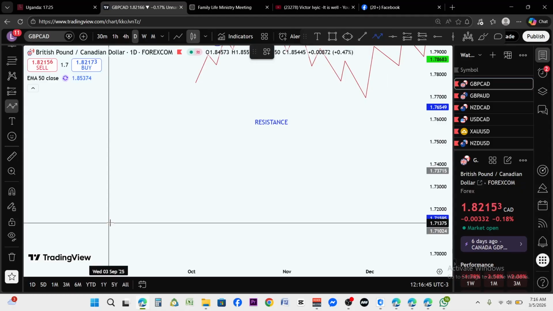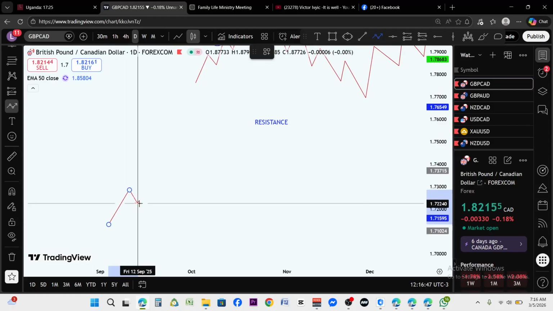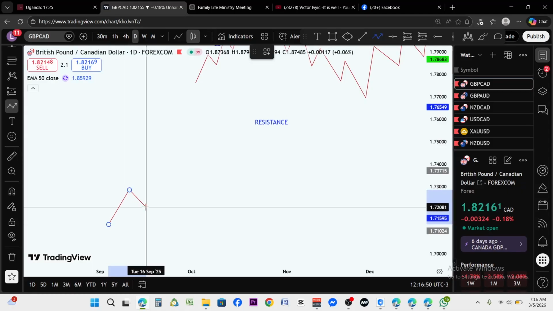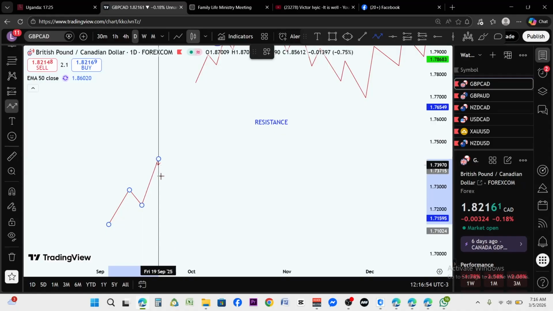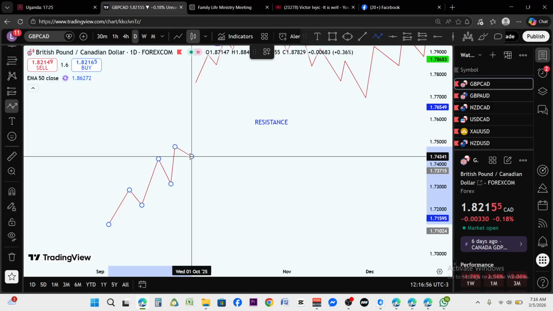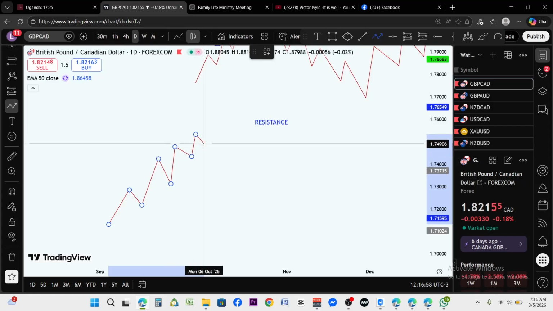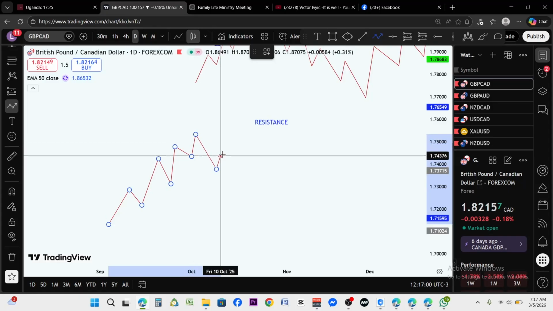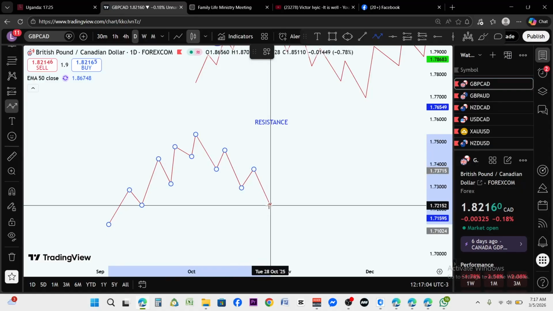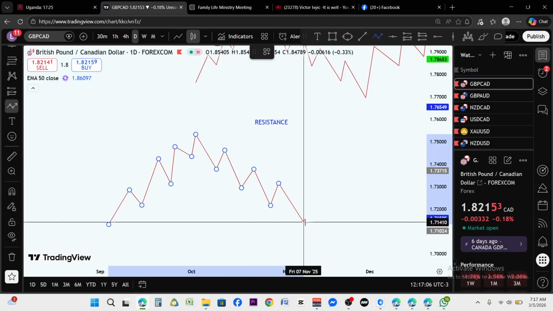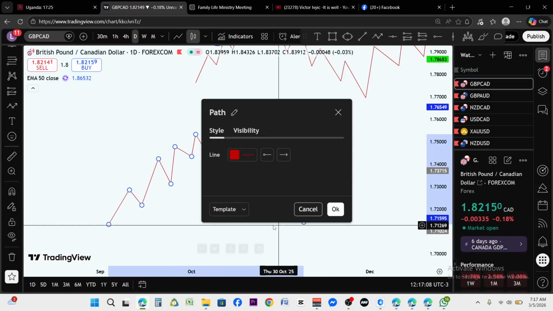Let me draw a simple structure here. When the trend is going up, it's marked by higher highs, higher low. Then another shape of structure: lower highs, lower low, lower highs, lower low, right?